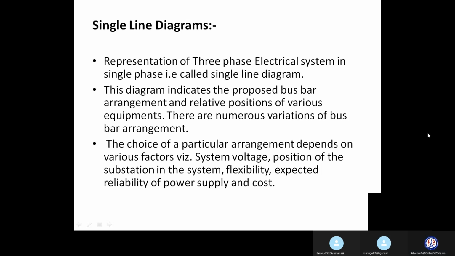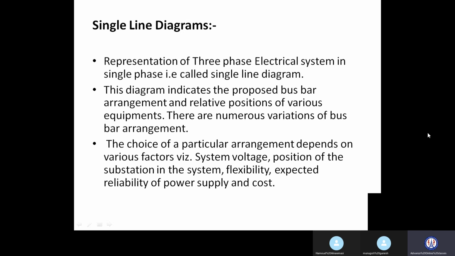Now the next question is, how do we prepare the single line diagram? For its preparation we require some inputs, and based on those inputs we prepare the diagram. So just note down the inputs required for a single line diagram.